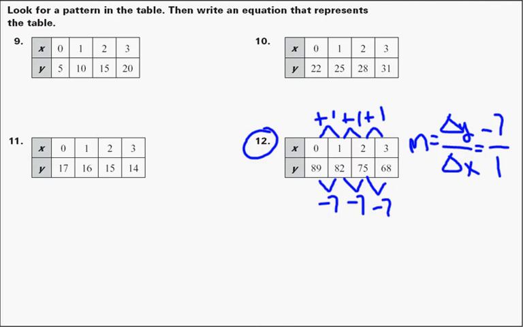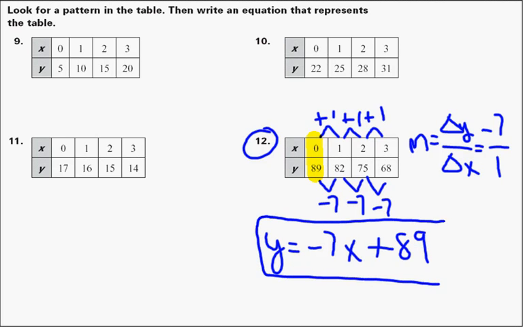We have to write an equation that represents the table. I know that y equals, the slope is going to be negative 7 divided by 1, times x, plus the y-intercept. And remember we said that is the value of y when x is 0, right there. So it's got to be 89. Plus 89, game over.